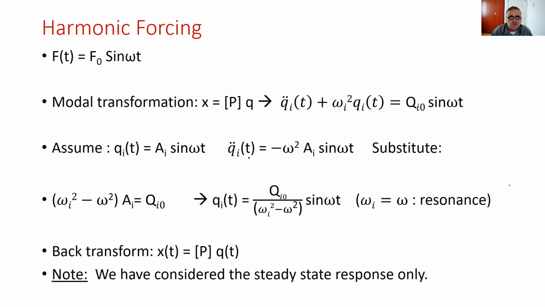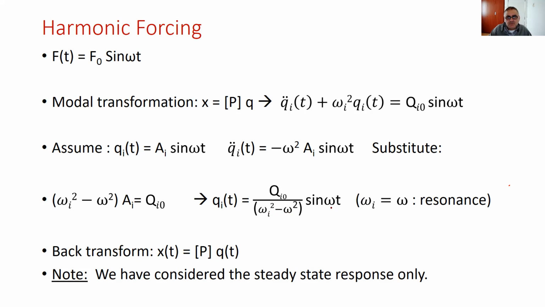Assuming a harmonic solution, the second derivative of the harmonic solution is given as follows. You substitute that into the equation, and you can solve for the amplitude of the harmonic motion. So the motion is equal to some amplitude times sine omega t. Note that there is a term in the denominator like omega i squared minus omega squared.